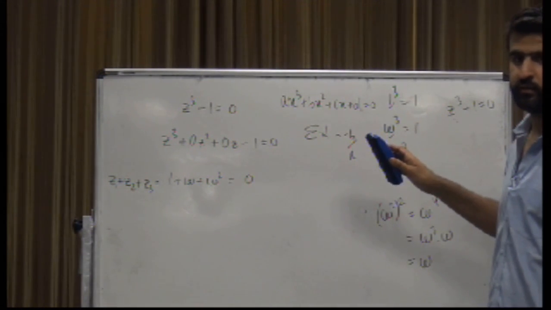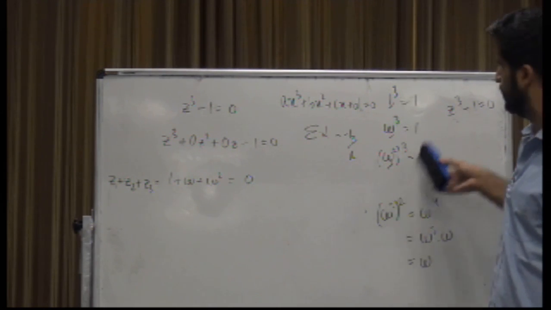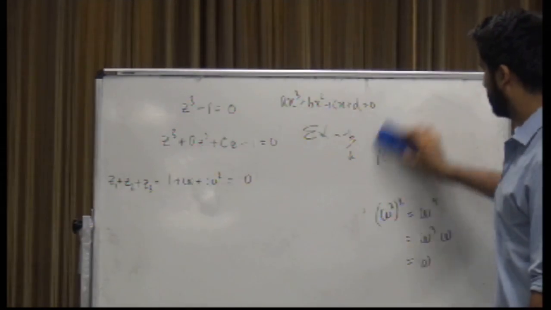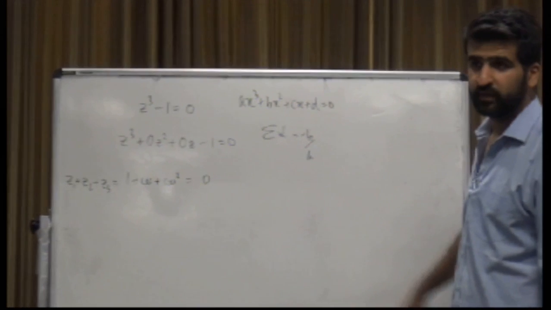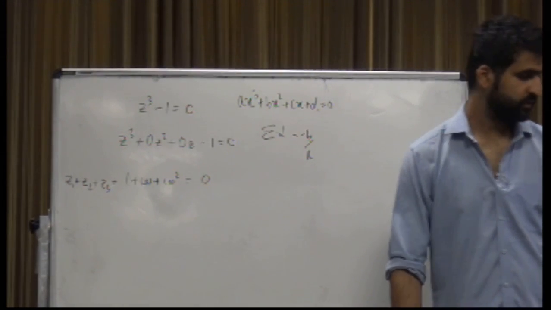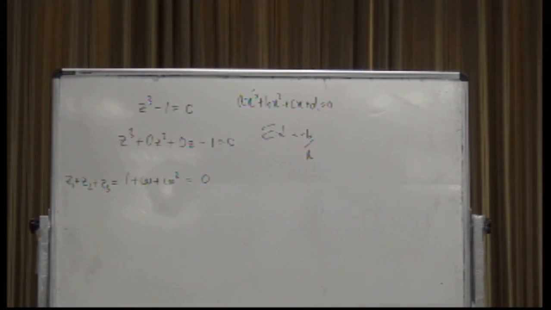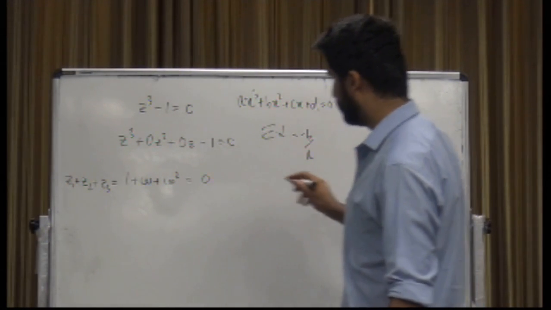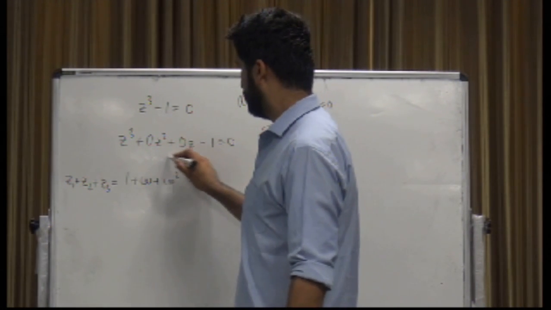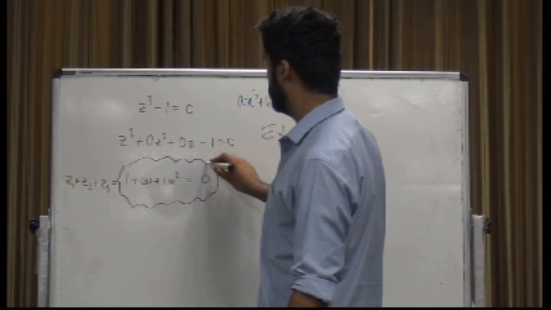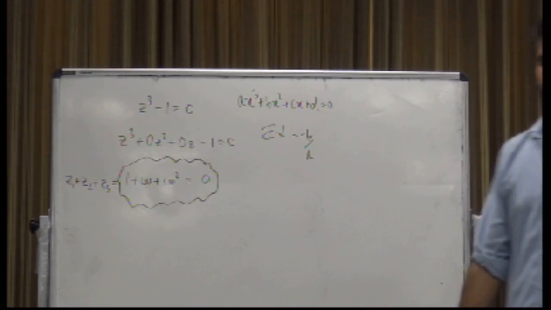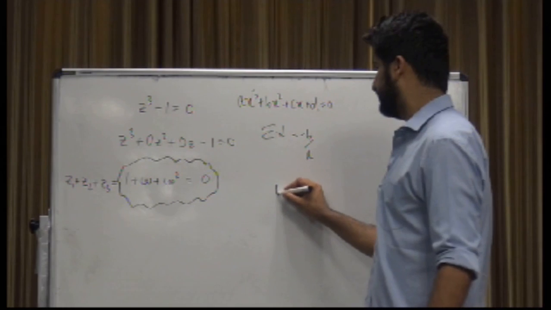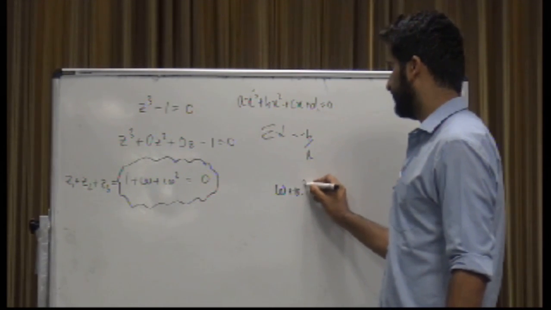The value of b here is equal to 0. So this is a very important thing: 1 plus omega plus omega square is equal to 0. So always remember that omega plus omega square is always equal to minus 1.